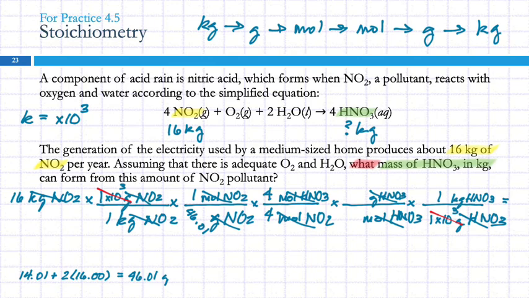And then I've got HNO3, so that's a hydrogen, a nitrogen, and 3 oxygens, which gives 63.018.